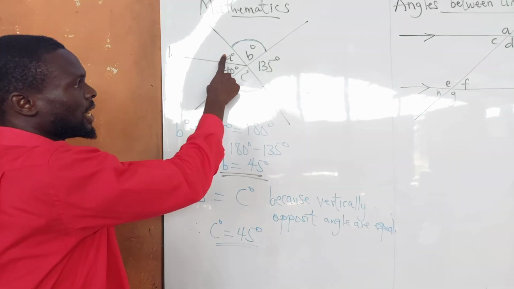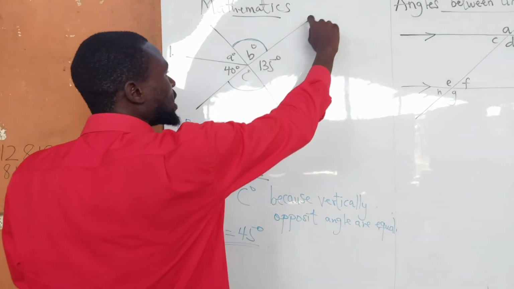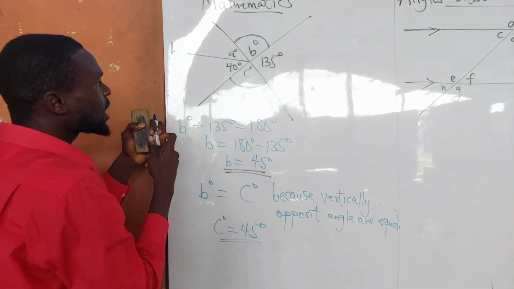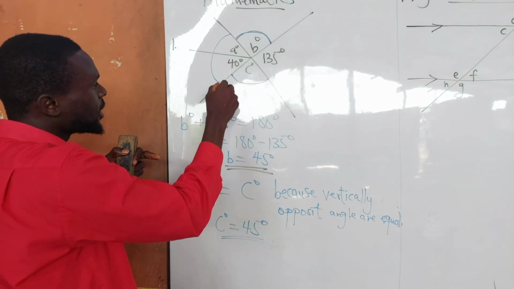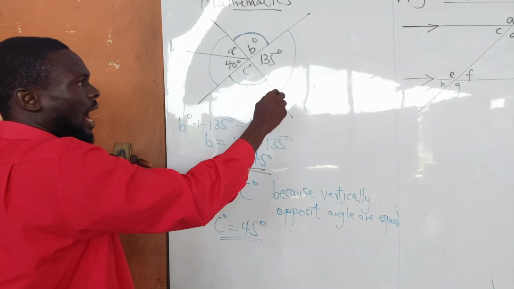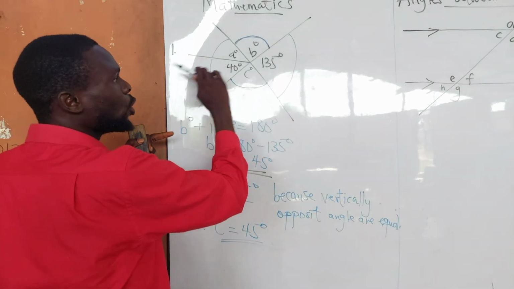Now to solve for A, we can take this as a straight line, or we can say this angle and this angle are also vertically opposite.